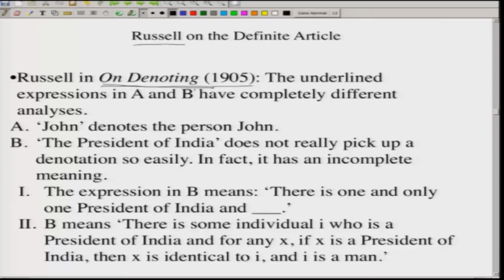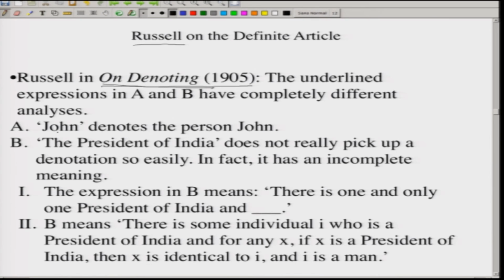So, I am not talking about Russell's refutation of the Fregean theory, I am rather concentrating on what Russell actually said. Now, Russell would say that the two sentences, that is John is a man and the President of India is a man, would have completely different analysis.